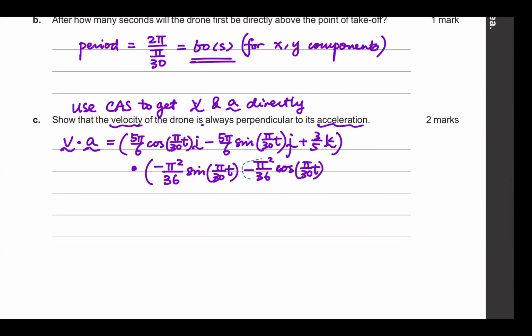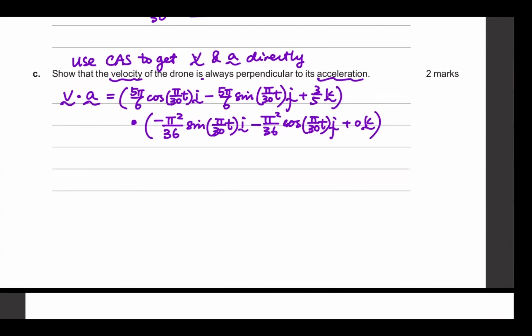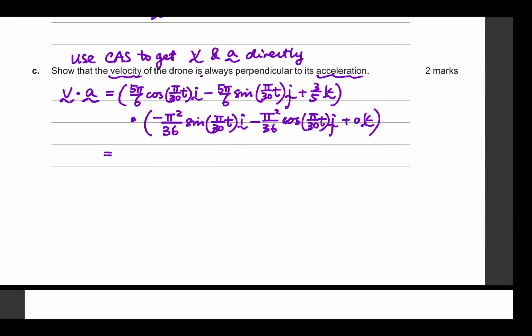In the process of transcription, it's very easy to drop out your i, j, and k. Because this is a show-that question, you need to establish a zero for your dot product, but how you get that zero is very important.